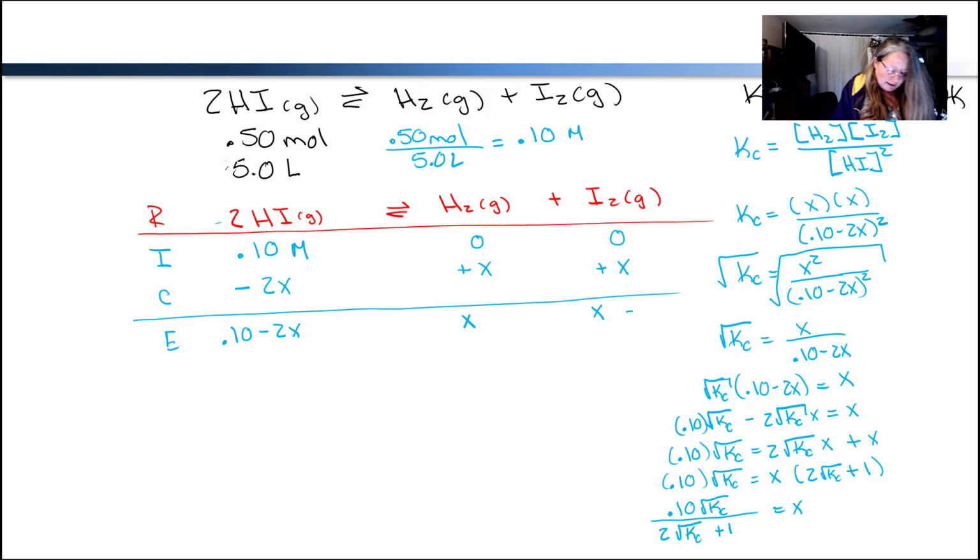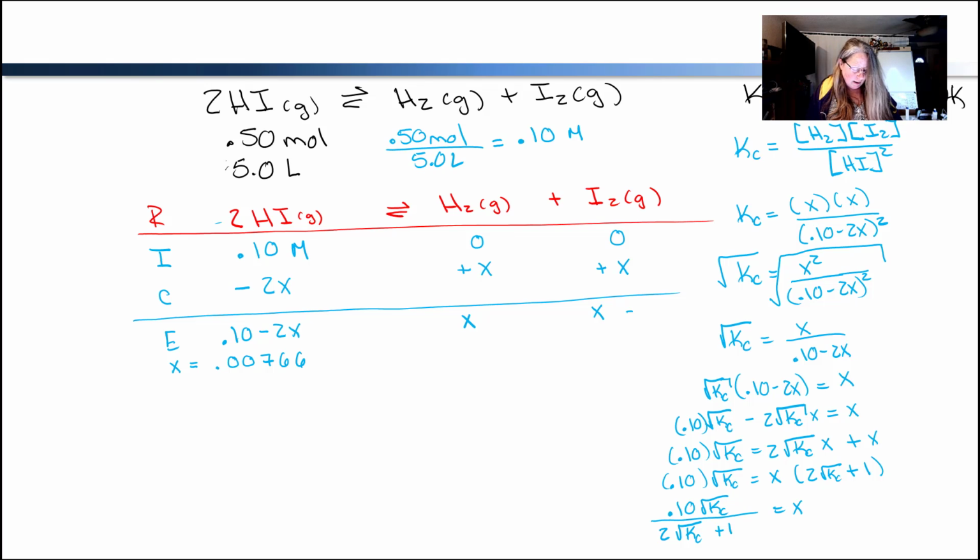Then I get that x equals 0.00766. I want to double check that. Do I agree with this? 0.1 times the square root of Kc. No, I did that right.